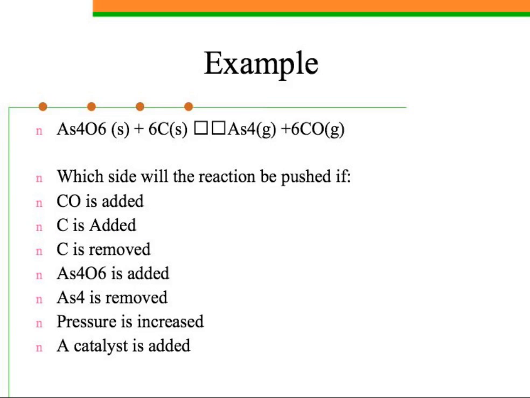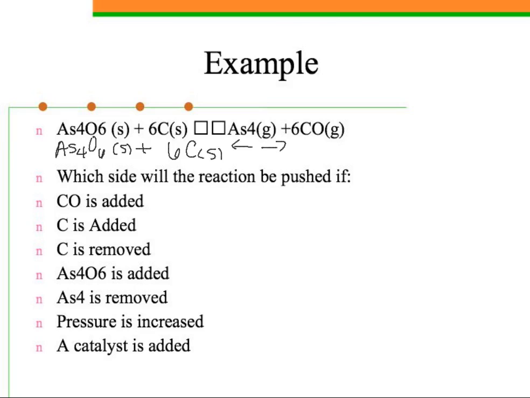Try this out. Here's our equation up here at the top. We've got As4O6, let me rewrite it. As4O6, which is a solid, added to 6 carbon atoms, which is a solid.